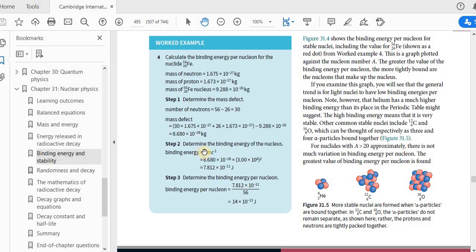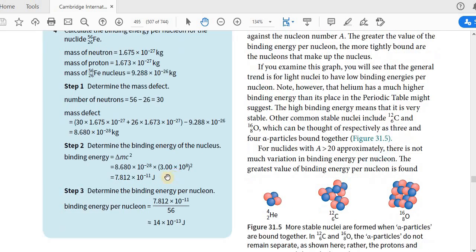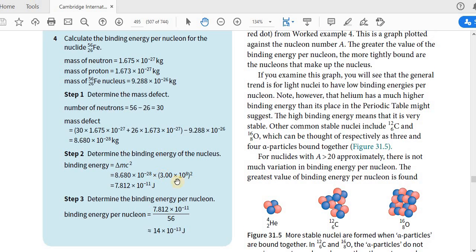To determine the binding energy of the nucleus, we use the equation E = mc squared, where m is the mass defect which we found here, and c is the speed of light, so c squared. This is the binding energy. Then the binding energy per nucleon is this divided by 56. So that is the answer.